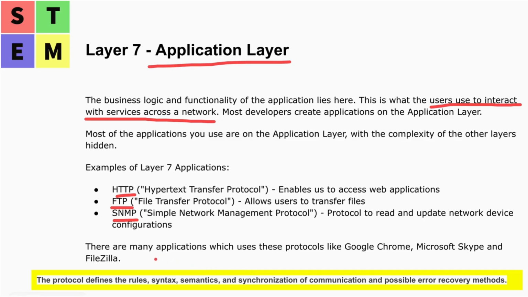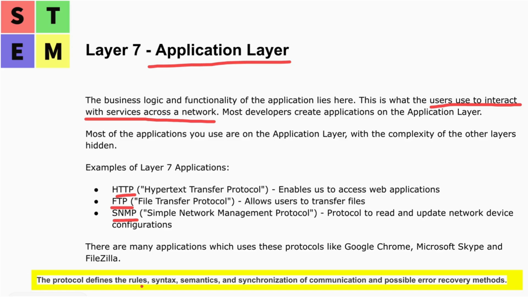So the protocols are used for different browsers like Google Chrome, Firefox, Edge, and other network applications, right? So here's probably a new keyword for some of you. What does protocol mean? So I put the writing here.